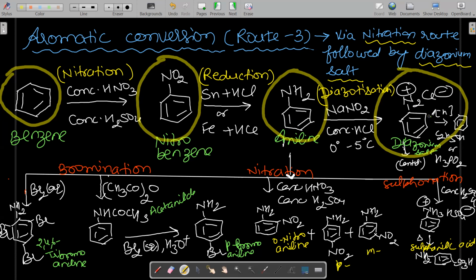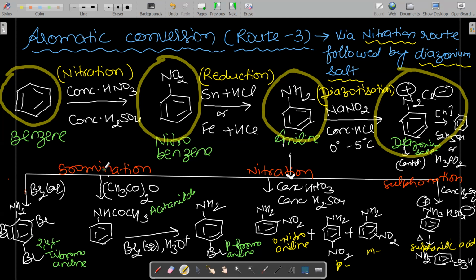One is the diazotization direction to form diazonium salt, and from diazonium salt we see a number of conversions on the next page. The second direction from aniline is electrophilic substitution reaction. Aniline is very reactive for electrophilic substitution reaction. And what electrophilic substitution reactions are possible from aniline? These are three reactions: bromination, nitration, sulfonation.